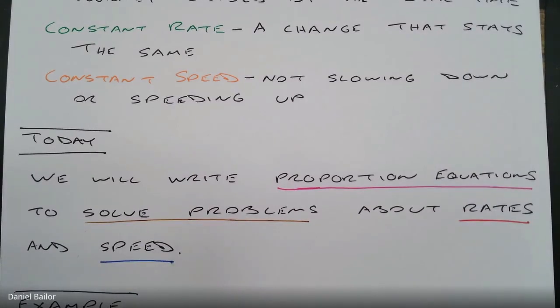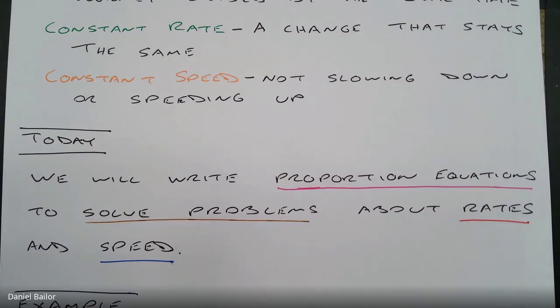So we're going to see some real world problems about different rates, about different speeds that we want to find a solution for. To solve the problems, we need to write proportions and turn those proportions into solutions. So we're going to solve proportion equations to answer questions about rate and speed.